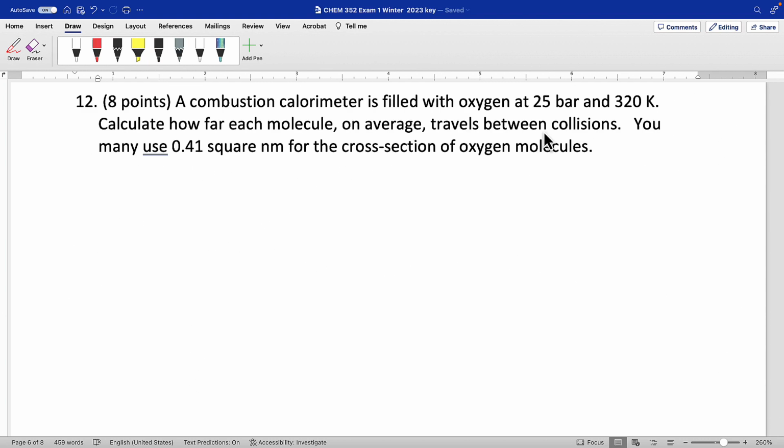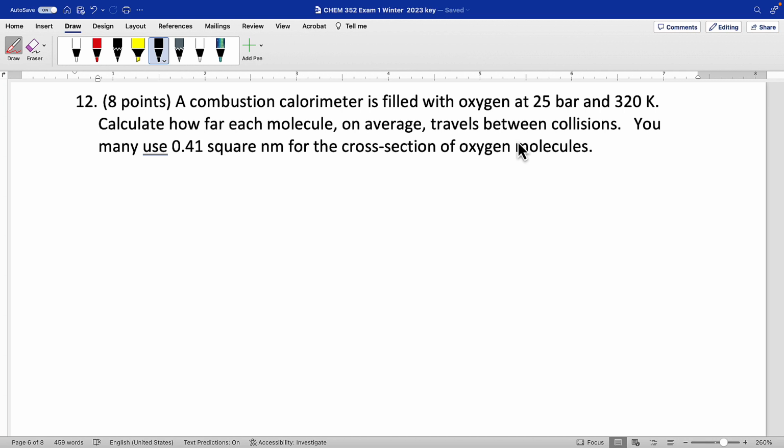Number 12. Okay, so we need to find the distance between collisions for a molecule. So in other words, the mean free path. We can derive a formula based on either volume or pressure. Since the one in the equation sheet is given in terms of volume, let me just show you another one.